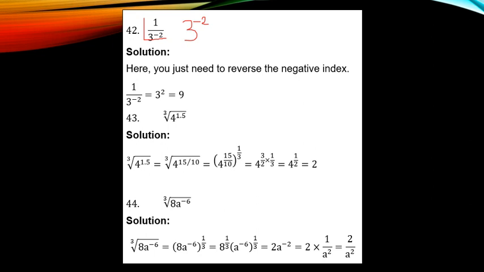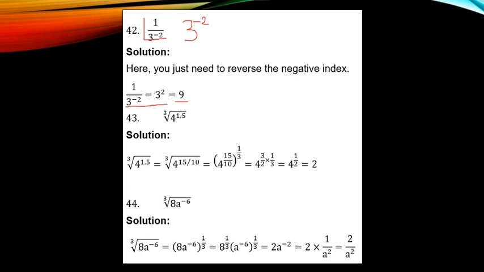Now that the inverse has been written already, if you take 3 power of minus 2 up, it becomes positive. And this is what you have here. So 3 squared is equal to 9. Okay.